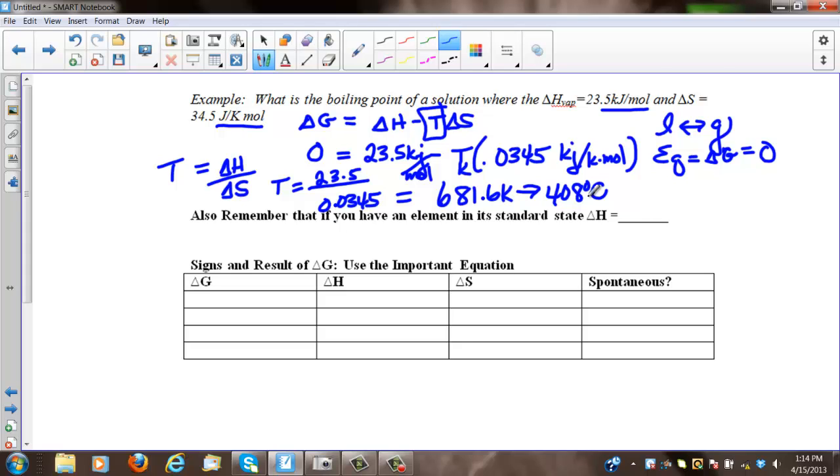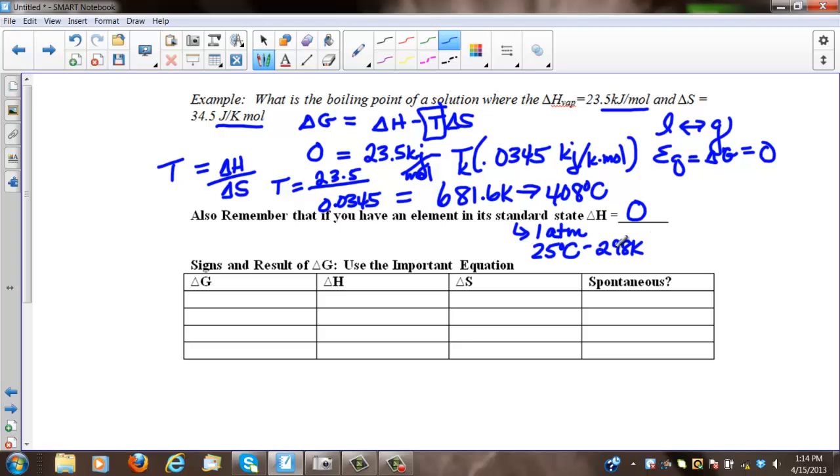Okay, a couple of things that we need to remember. If you have an element in its standard state, the delta H is 0. What do we mean by standard state? Well, standard state is 1 atmosphere and 25 degrees Celsius, which is 298 Kelvin.